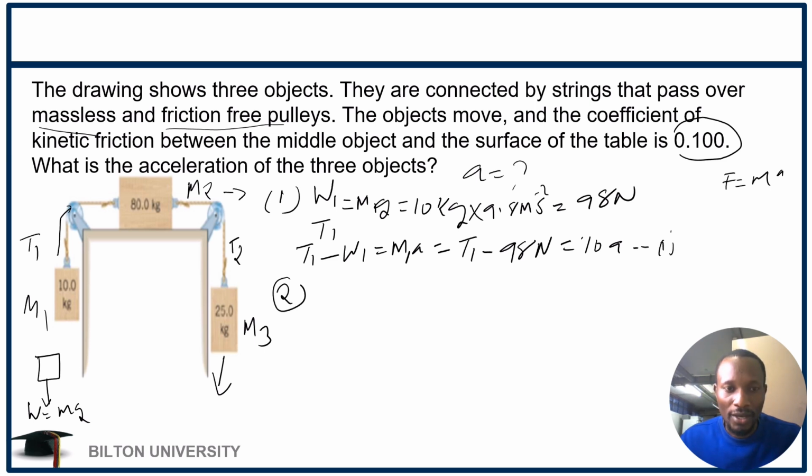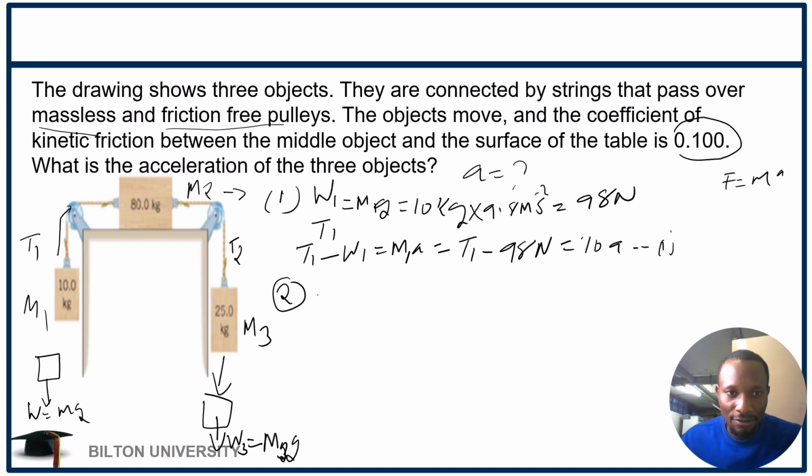Number 2, we can then look at the forces which act on mass 3. We're going to look at mass 2 later, because mass 2 is being affected by the two tensions. So if we look at the forces acting on M3, we have T2 and W3, which is given by mass 3 times the force of gravity.